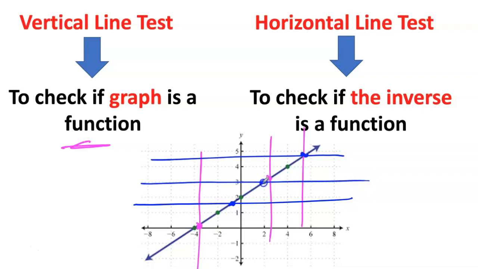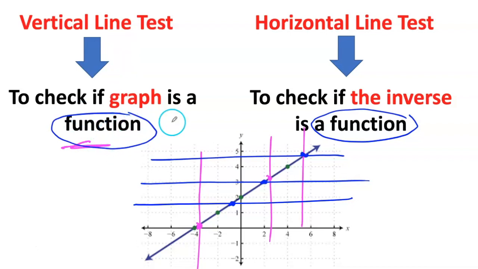Wherever I draw my horizontal line, if it touches only 1 point, that means the inverse of this graph is also a function. Because it passes the vertical line test, it is a function. Because it passes the horizontal line test, the inverse will be a function. Therefore, this is a one-to-one function.